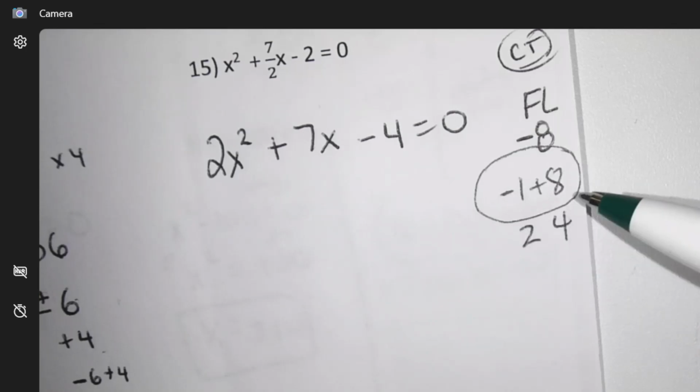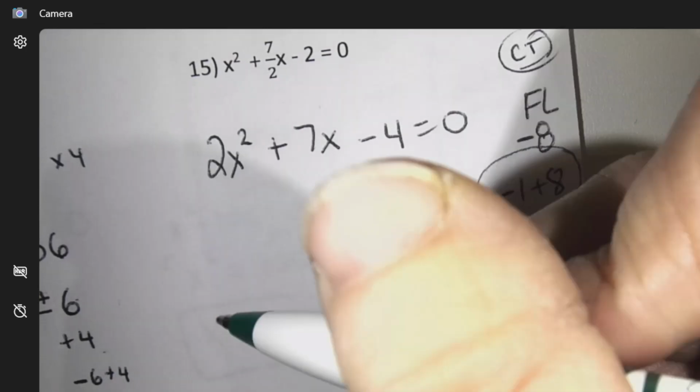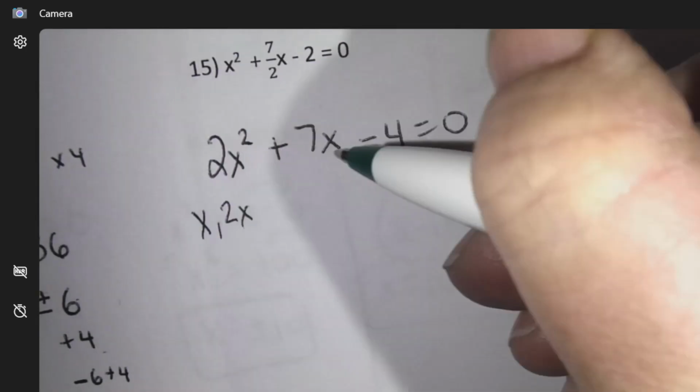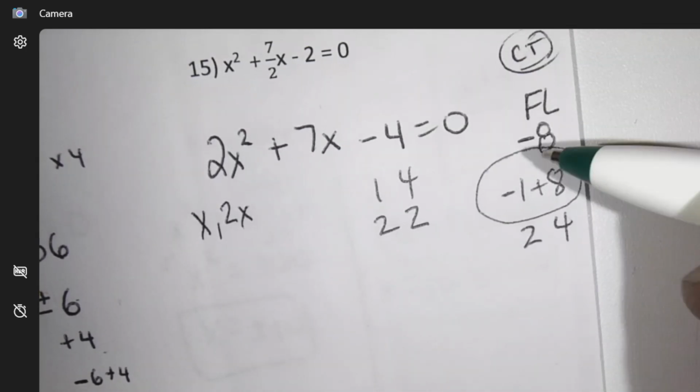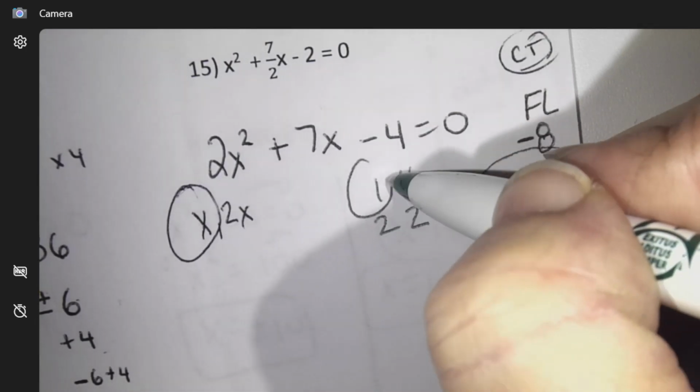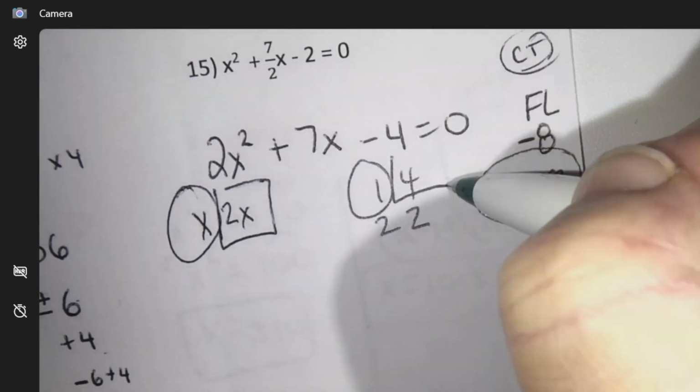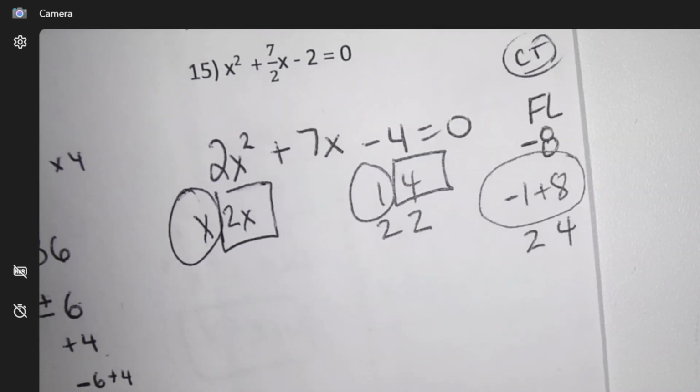Okay, FOIL, the OI part of FOIL. So I'm going to look for a 1x partnership and an 8x partnership.